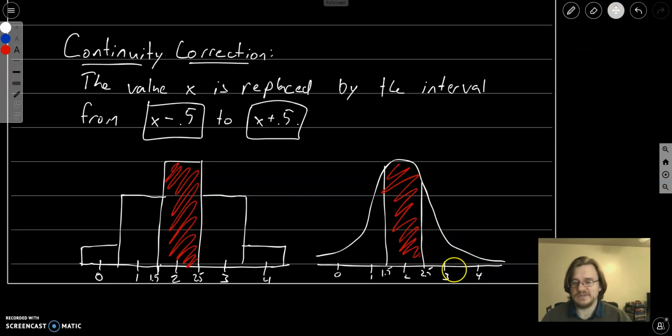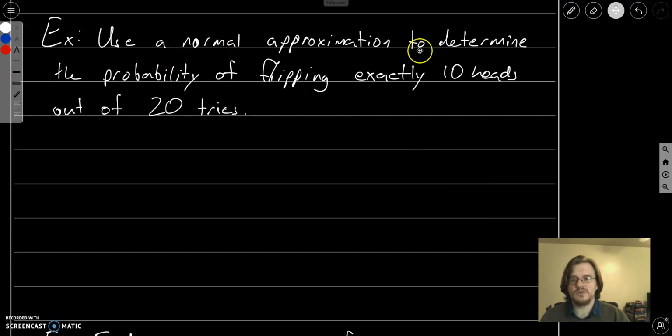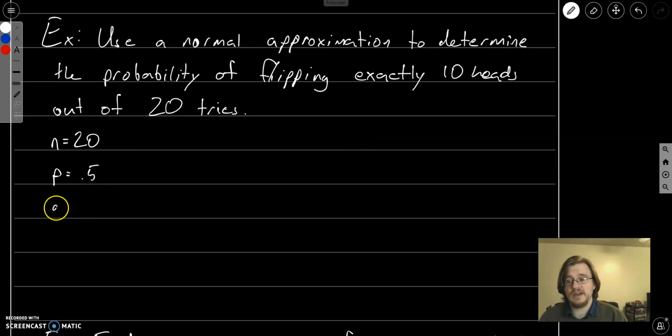Let's go through some examples. Let's use a normal approximation to determine the probability of flipping exactly 10 heads out of 20 tries. So let's write a few things down first. The number of trials, n, is going to be 20. The probability of success, when we're flipping a fair coin, would be 0.5, and the probability of failure is also going to be 0.5.